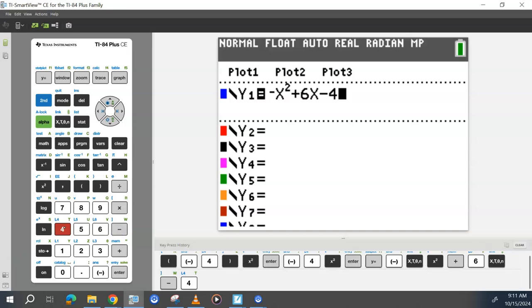So in your y equals, you're typing that equation. And then you're going to go into the table. So the table is in blue above graph, so second graph.